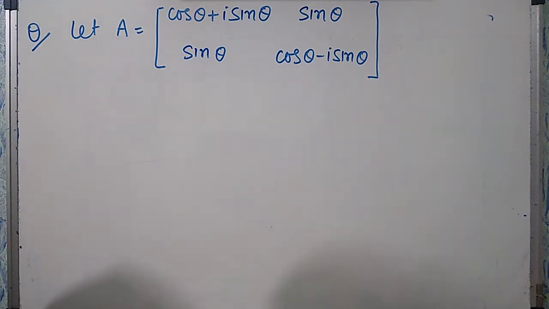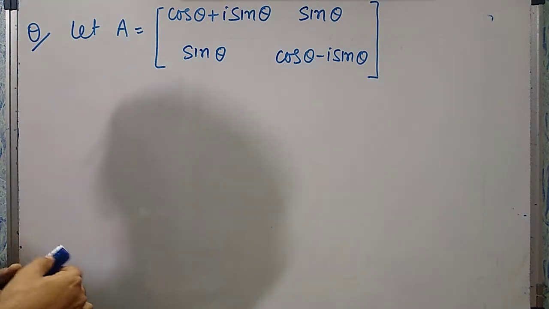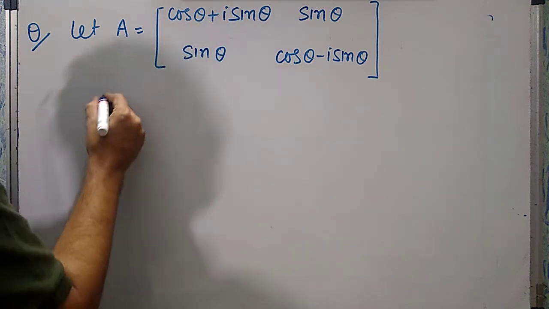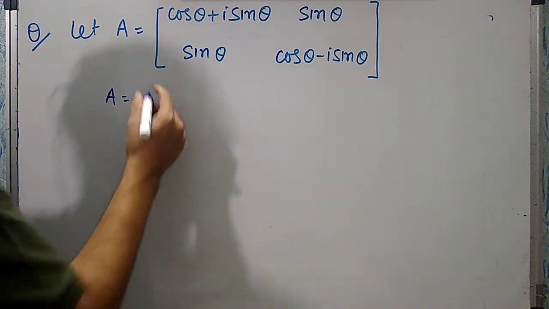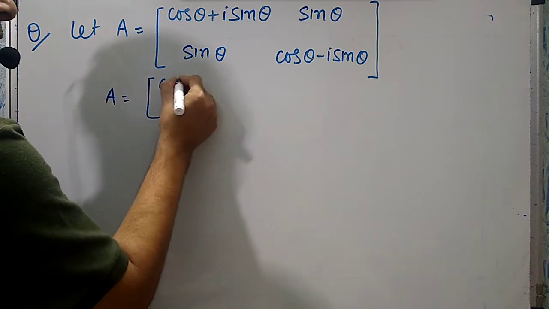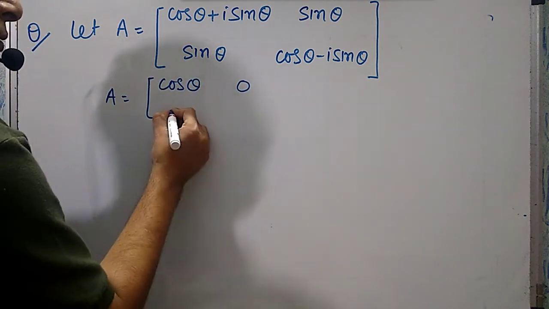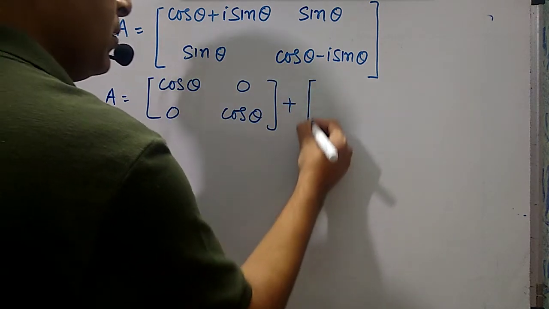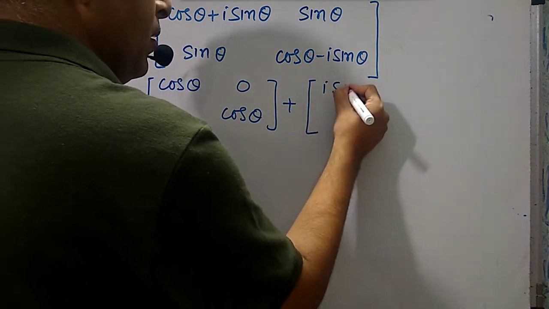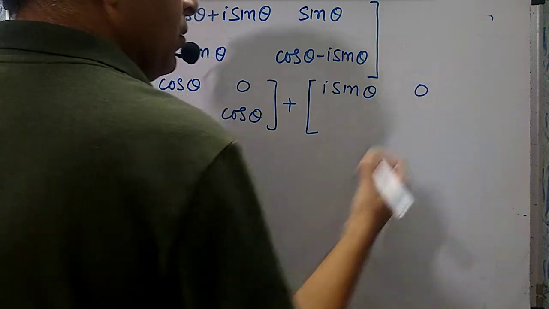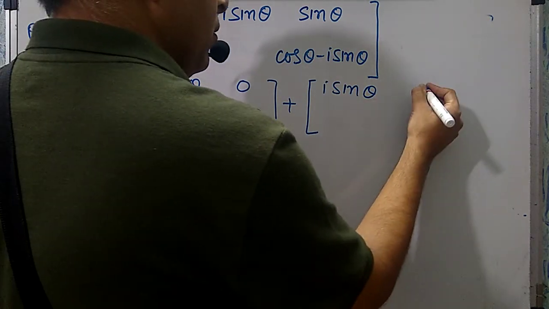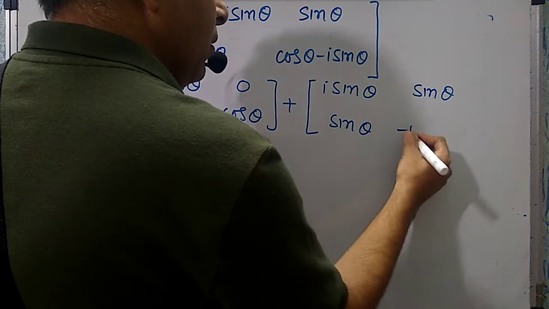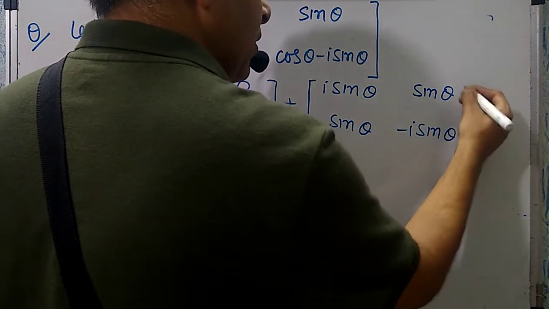So in this question we have A = cos theta + i sin theta. So we can write A = [cos theta, 0; 0, cos theta] + i sin theta, and this is [sin theta, minus i sin theta].